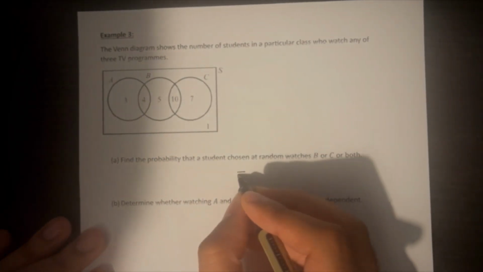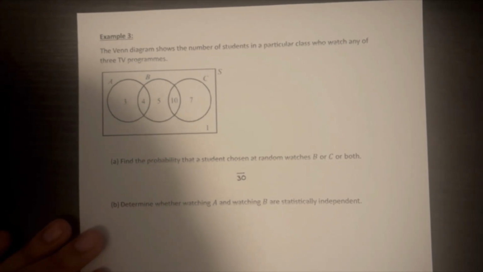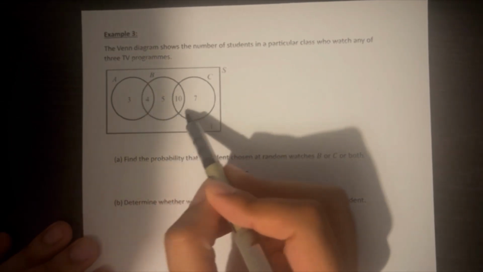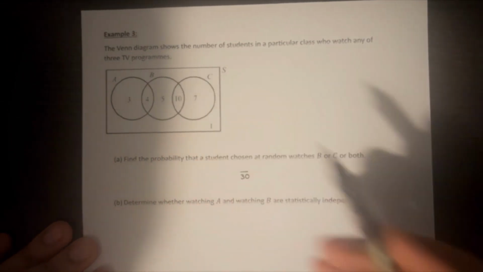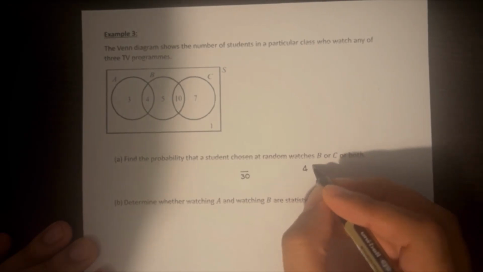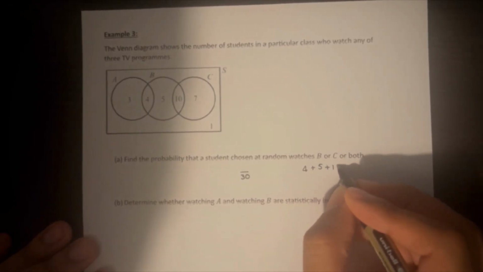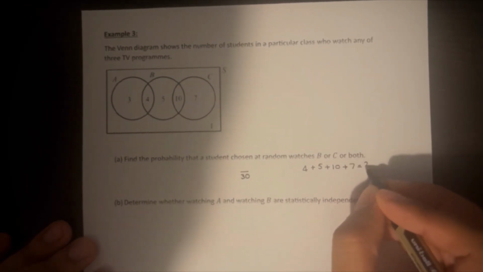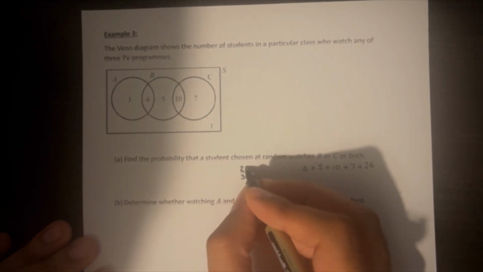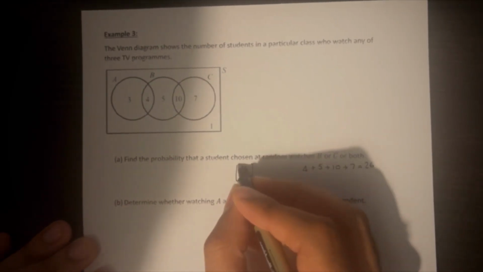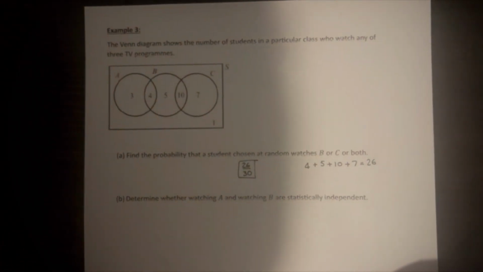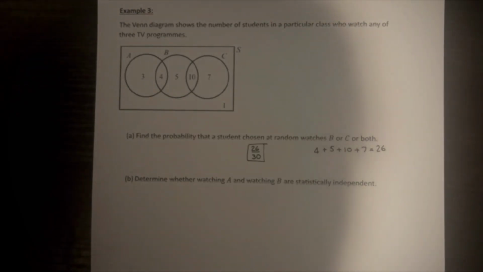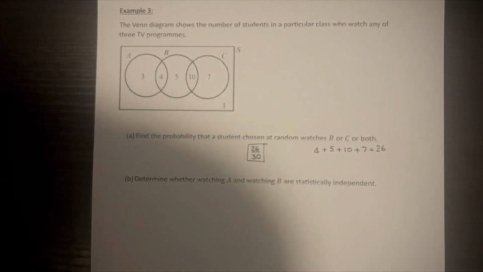So our probability is going to be out of 30. Watching B or C or both is all of the people accounted for in these circles here. So 4 plus 5 plus 10 plus 7 gives us 26. So that is going to be 26/30.